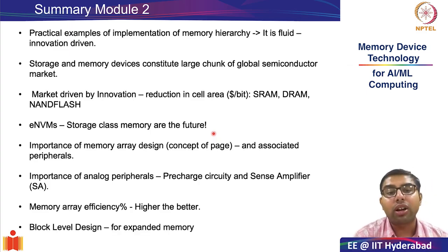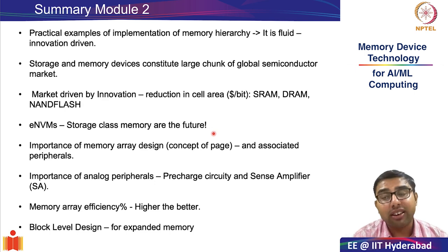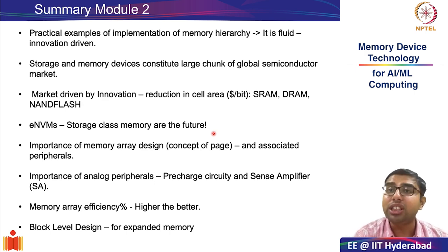Today, we looked at what is the definition of memory array efficiency, how it can change from technology, SRAM, DRAM and NAND flash, have increasing memory array efficiency because of improved bit density. And finally, we looked at the importance of modularized block level design for expanded memory.